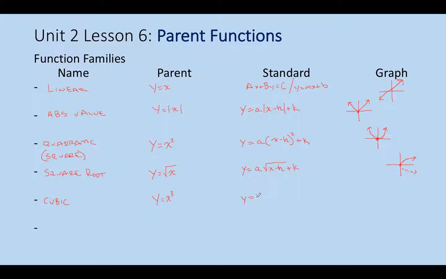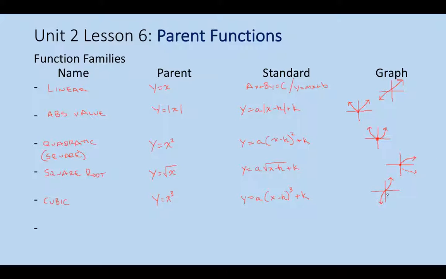We're going to say y equals a times (x minus h) cubed plus k. And when I graph this parent function, I'm going to get that little snaky deal. It's actually going to be very similar on one side to the square function, but not quite.